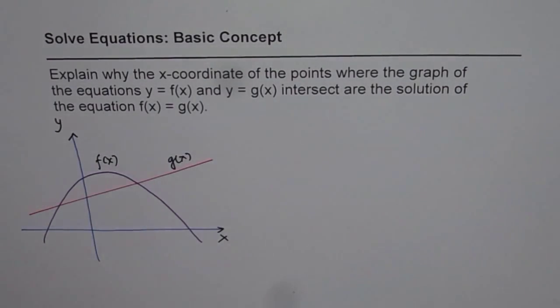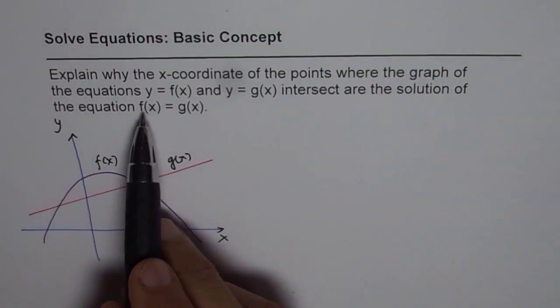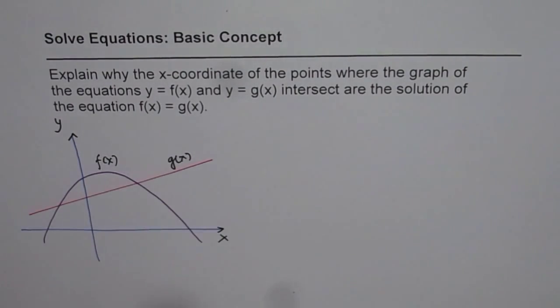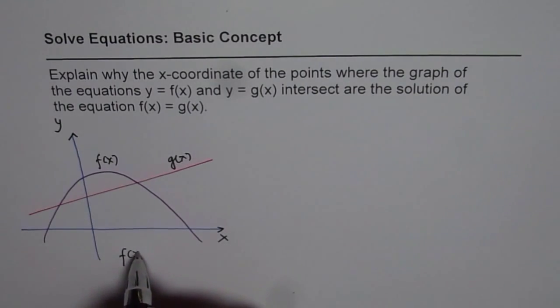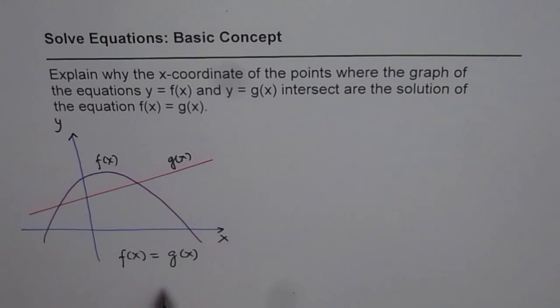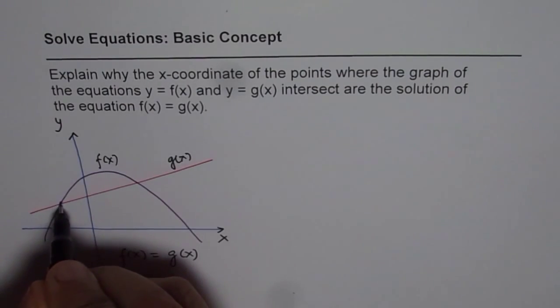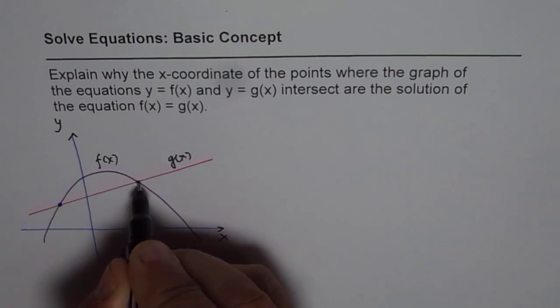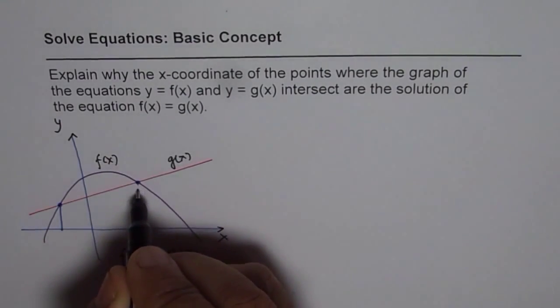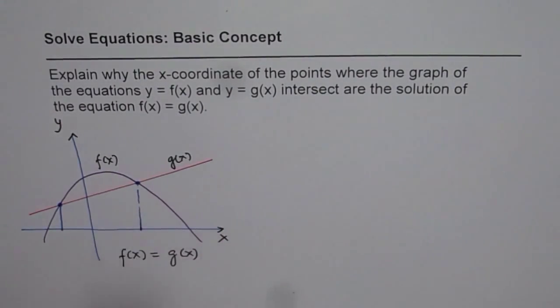Now when we say that f(x) equals g(x), we introduce an equal sign here. We say f(x) equals g(x) and find the solution. To find the solution, we figure out where f(x) and g(x) are the same and provide the solution, which is the x value.